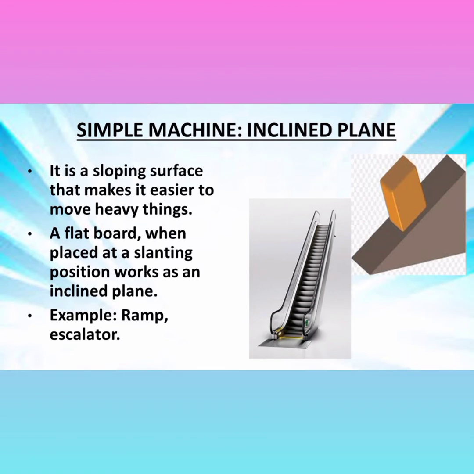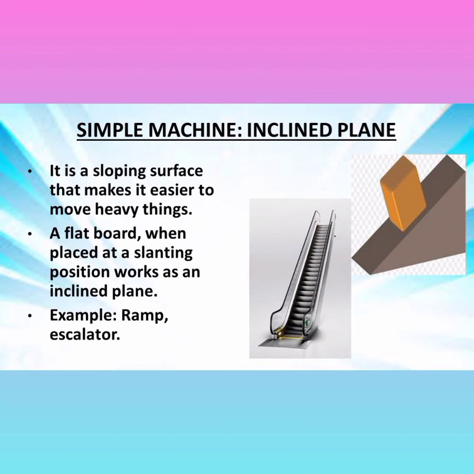First one, inclined plane. What is an inclined plane? It is a sloping surface that makes it easier to move heavy things. A flat board, when placed at a slanting position, works as an inclined plane.